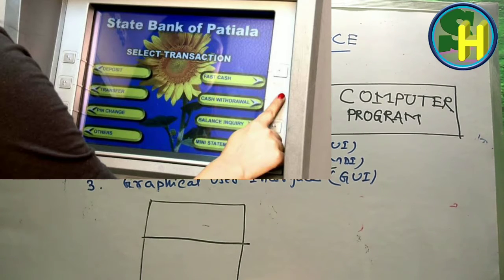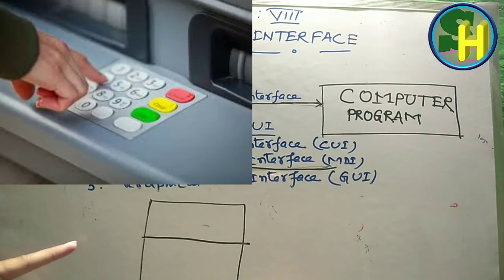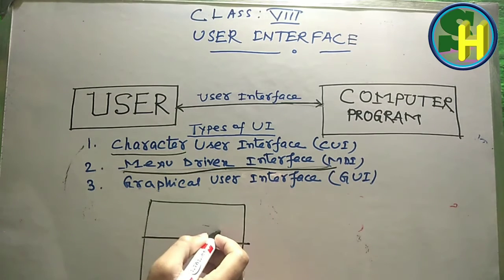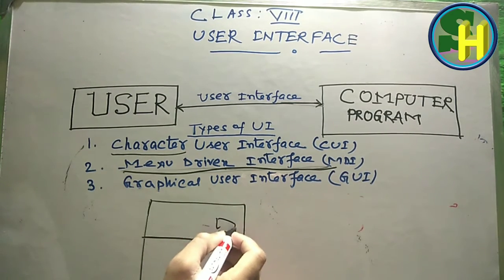So this type of interface is based on menus. Here you just press the enter key or different keys; only the keyboard is used to access different banking activities through the ATM, or simply a touch screen.